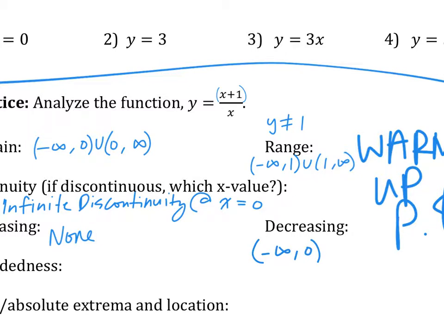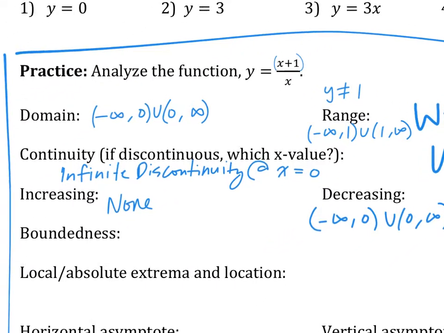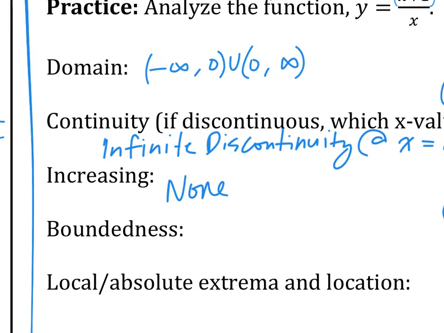Yes. Because it's the domain problem. You're skipping 0 because it's the vertical asymptote, and that's going to be the problem for pretty much every interval. Anything you're analyzing is probably going to include 0 somewhere. Okay, Aaron, boundedness. Not bounded. Yes, not bounded.